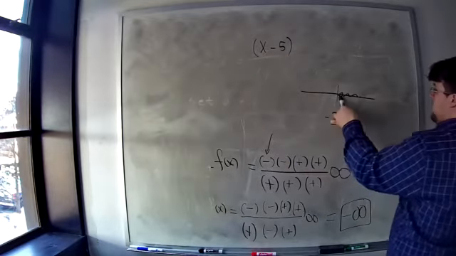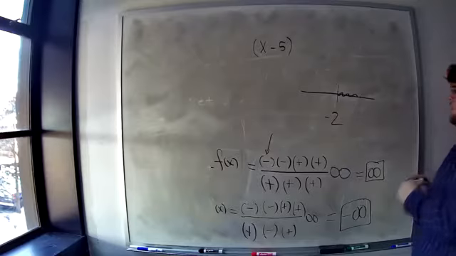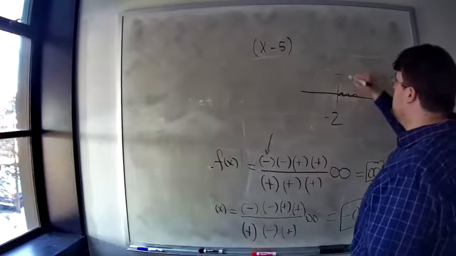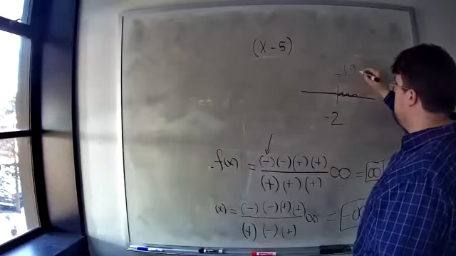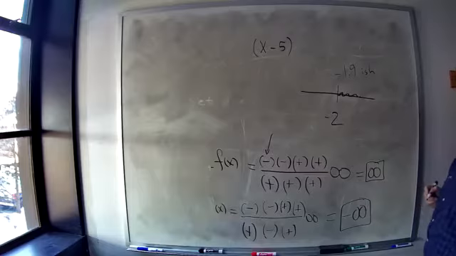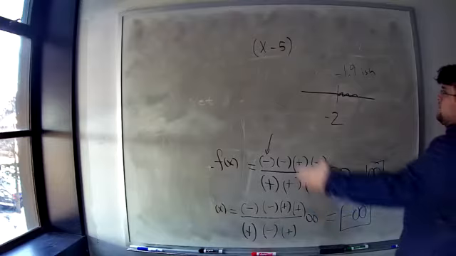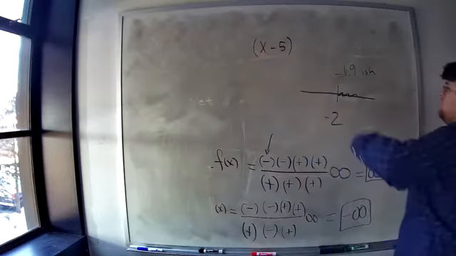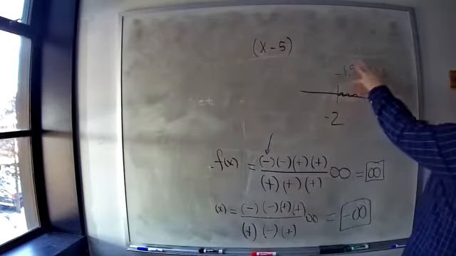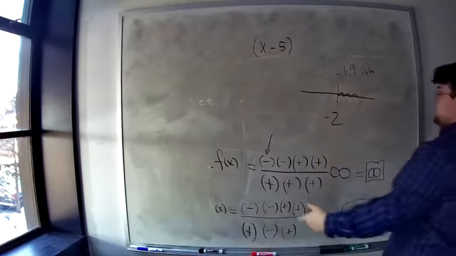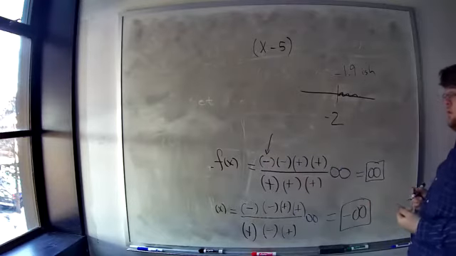If you take a number on the right of -2, I always hesitate to write this, but you can think in your mind a -1.9 type number on the right of -2. You substitute that up here, well, that's going to be a -1.9 type number minus 5, and that's still going to be a negative.